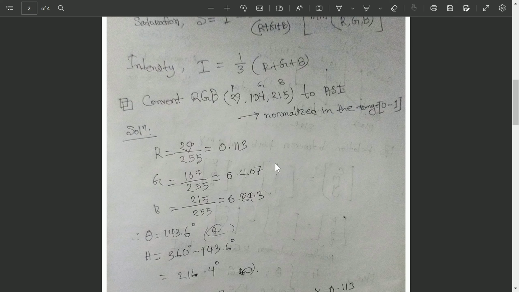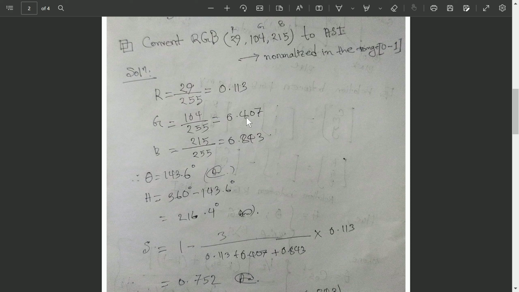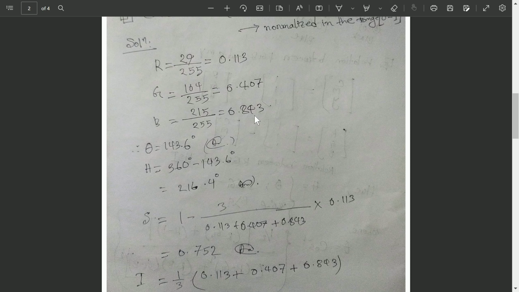At first we normalize the values of RGB into the range 0 to 1, and for that we divide the values by 255. The value of R comes to 0.113, the value of G is 0.407, which is the normalized form, and the value of B is 0.843.